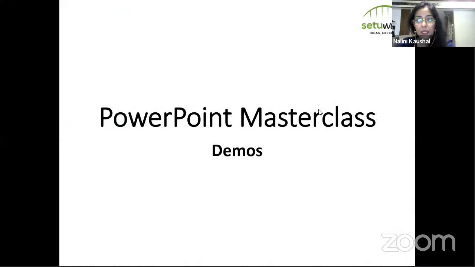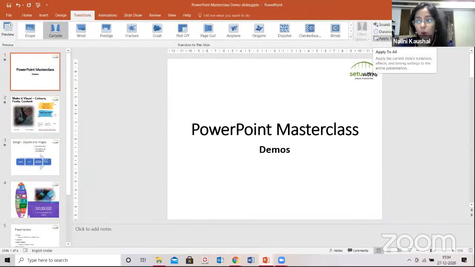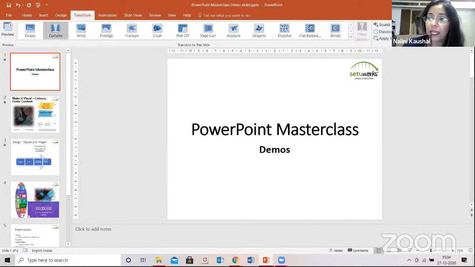So again, it completely depends on how you would like to pace it. Similarly, applying to all, well, we've already talked about it. Moving the slides: right now I've used on mouse click. However, if you'd like to change it and you're presenting, you would want it to move automatically. You could remove this option and select after, and choose how many seconds you would like before your effect moves to the next slide.